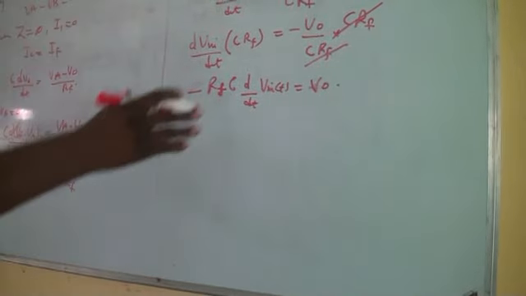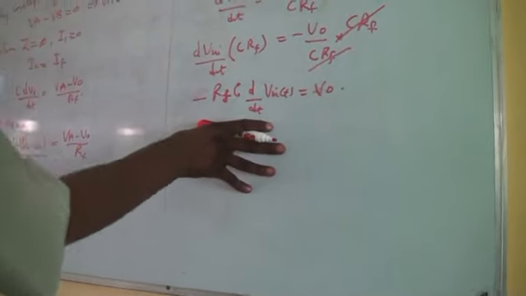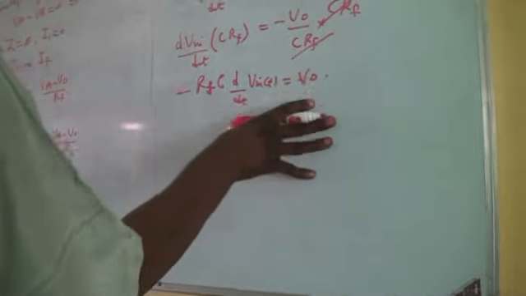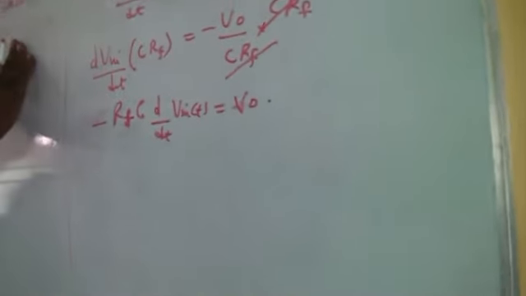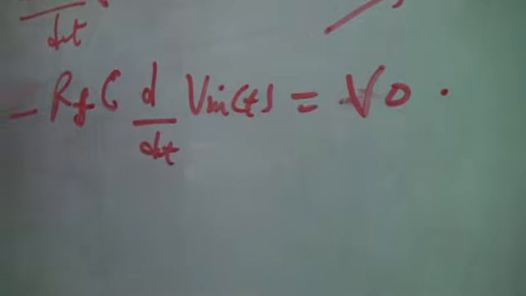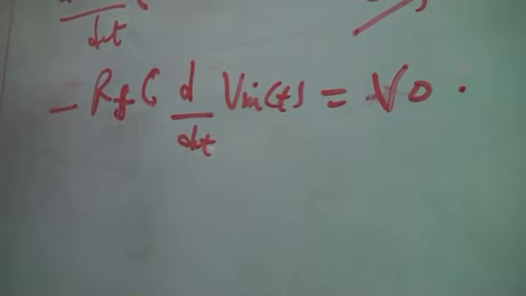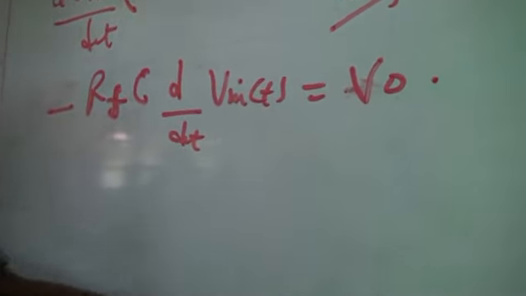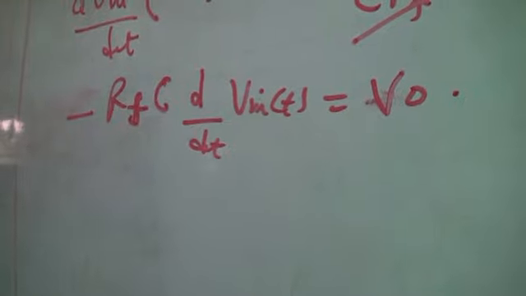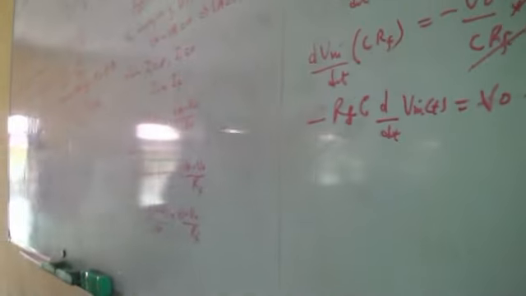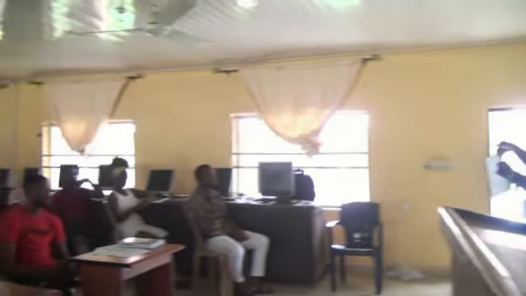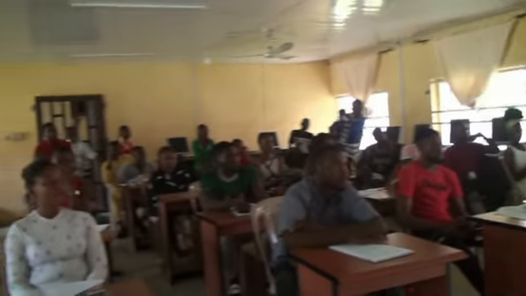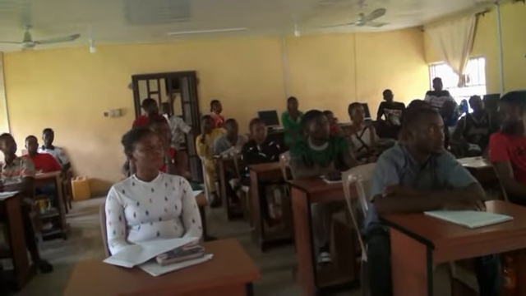In essence, this is exactly what you are expected to get as the equation of this very figure here, op amp as a differentiator. This is what I expected to get. This is how the output equation will look like.